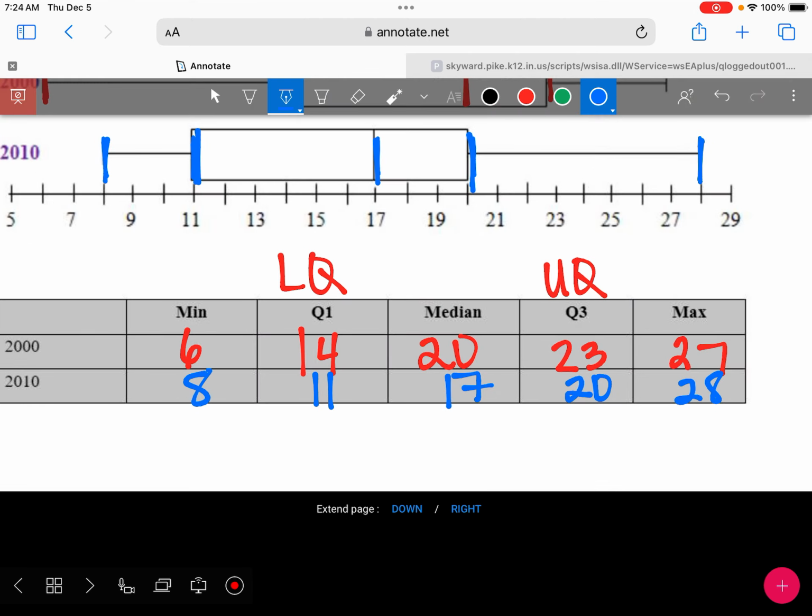All right, who agrees with my 5 numbers? All right, good. Any questions so far? Okay.